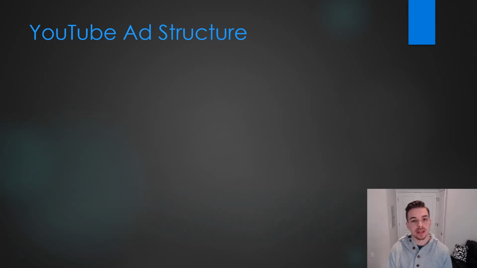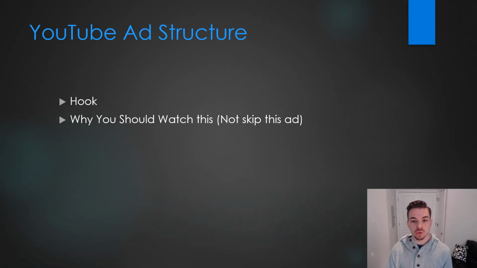So this is my recommended YouTube ad structure. You're going to start off with a hook, just like I said, whatever your hook of your ad is, to grab their attention and qualify the person and hook them into watching the rest of the video. And why you should watch this is the next thing. So basically, why you should not skip this ad. And I'm going to show you guys an exact real life example where I do this exact structure.